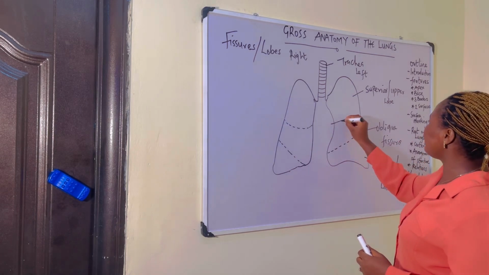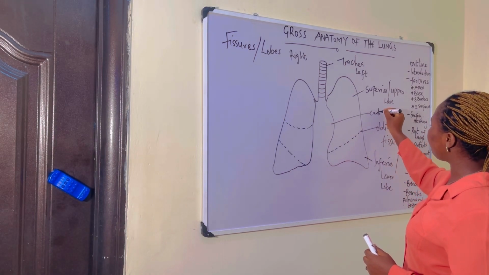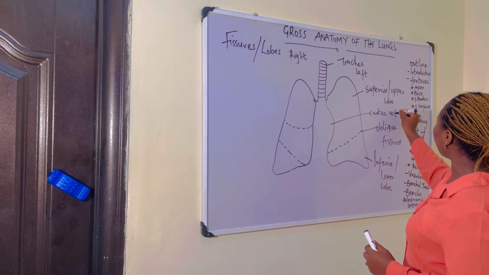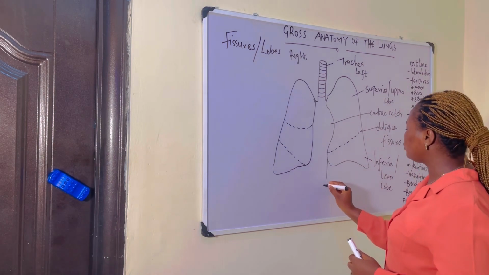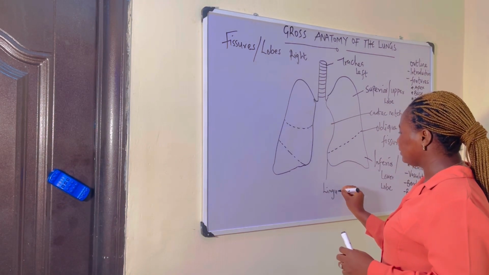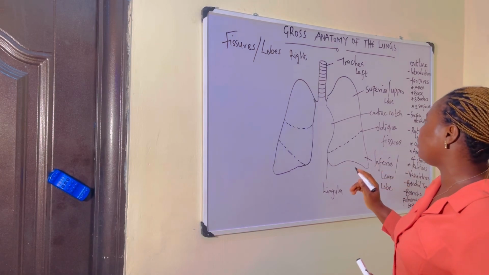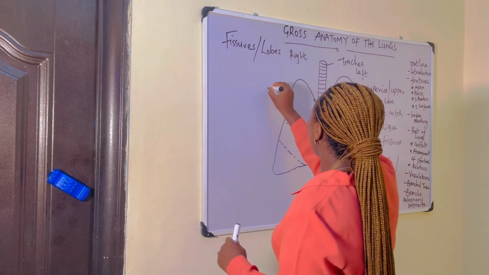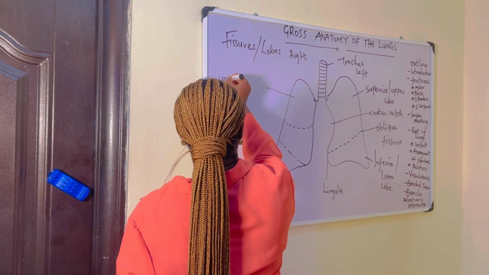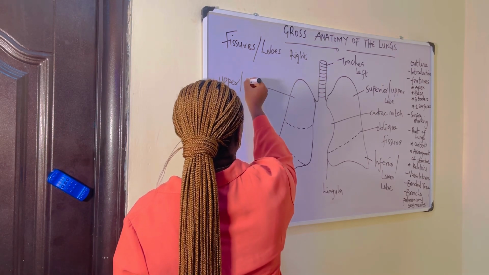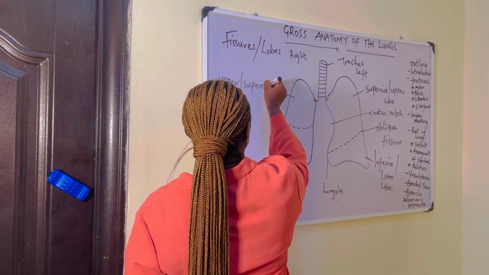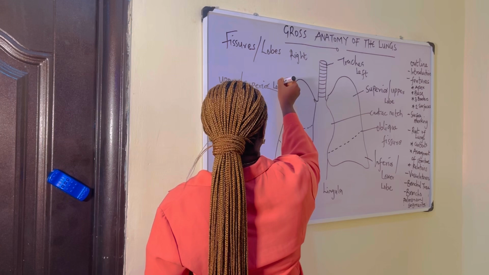Remember that this is the cardiac notch, as we've labeled when we were talking about the features, and this is the tongue-shaped lingula that is below the cardiac notch, at the left side of the lungs. So this is the upper lobe or the superior lobe for the right lung.